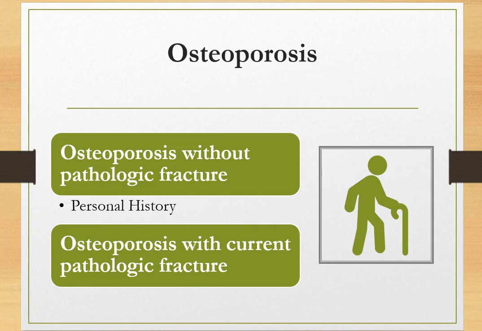So in addition to M81, again, osteoporosis without a pathological fracture, you could have a patient that has a personal history of an osteoporotic fracture, and in those cases, you should assign a code from family Z87.310, which is a personal history of osteoporosis fracture.